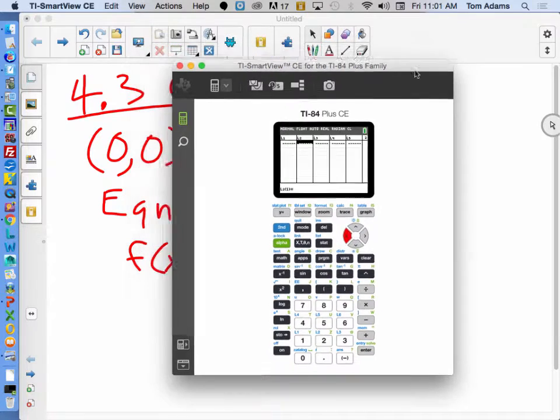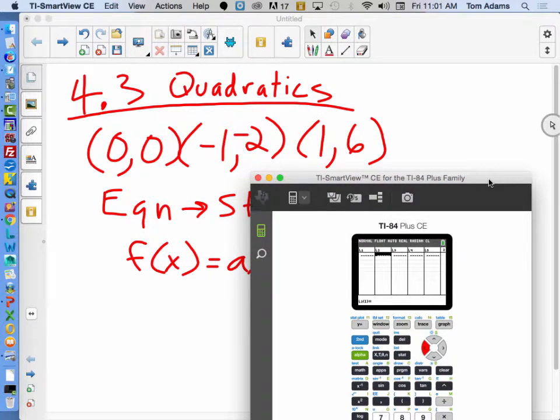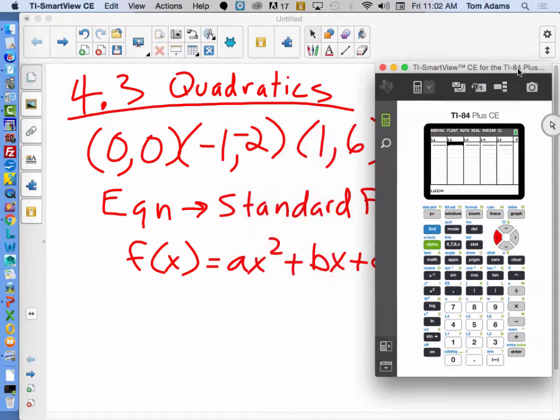So what I'm going to do is plot these three points. I've got (0, 0), just like x, y, and then (-1, -2), and then (1, 6).